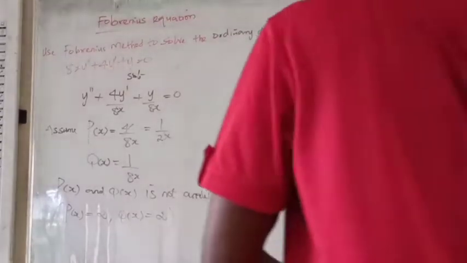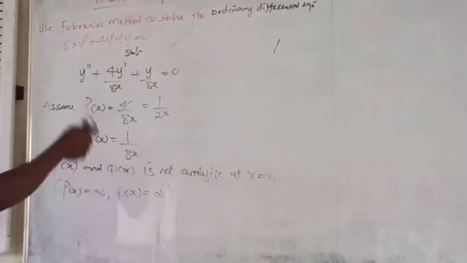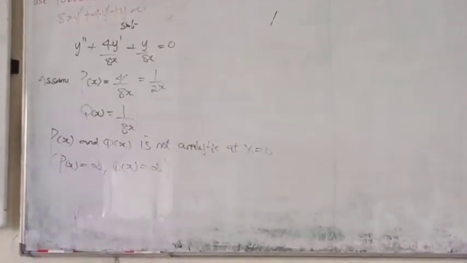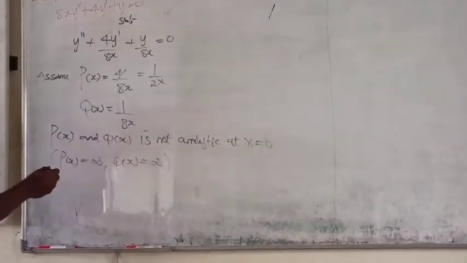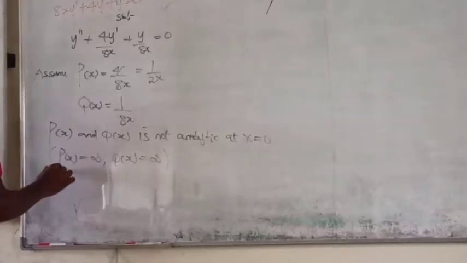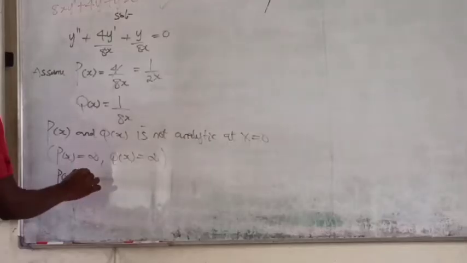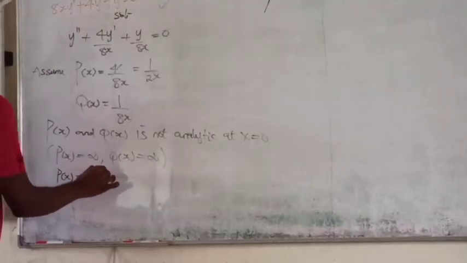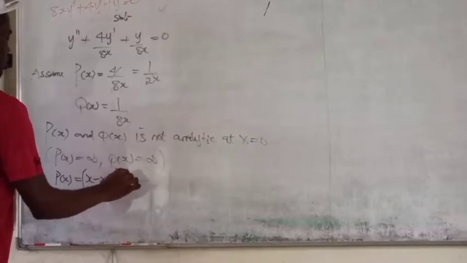So the next step is to consider our small letter p of x and our small letter q of x. We know that our small letter p of x is equal to x minus x naught times capital P of x.